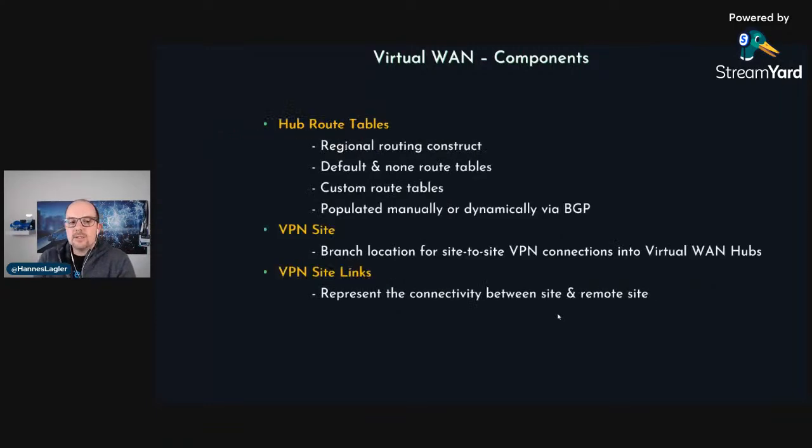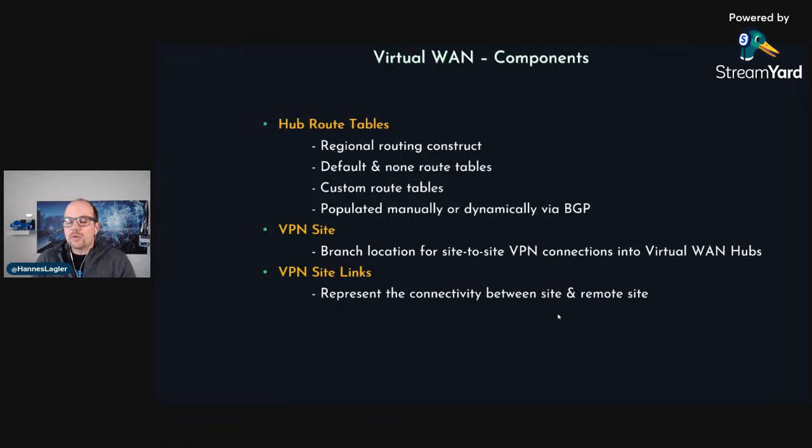Then we have the ability to define our route tables. Normally, you can use the default route tables. So if you connect your on-premise, if you're using BGP and announce everything to the default route table, all locations are available. All locations can see all routes and you have a full mesh, you have a branch-to-branch connectivity implemented.